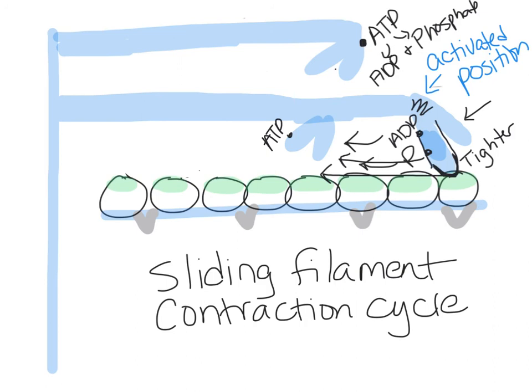I'm going to show you a video here in just a second, an animation, so that you can see that. But the myosin head attaches to the actin molecule and pulls it, and then lets go. And then it attaches to it, pulls it, and then lets go. And recocks, attaches and pulls it and lets go.